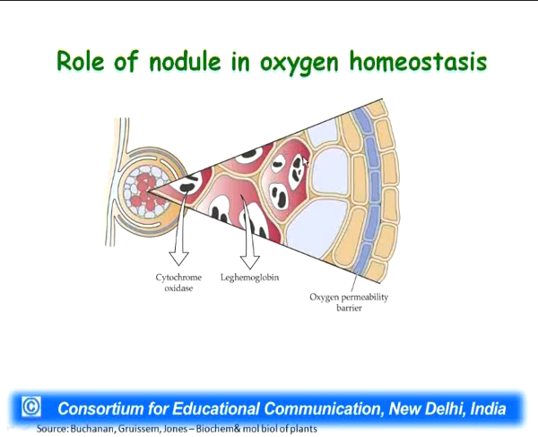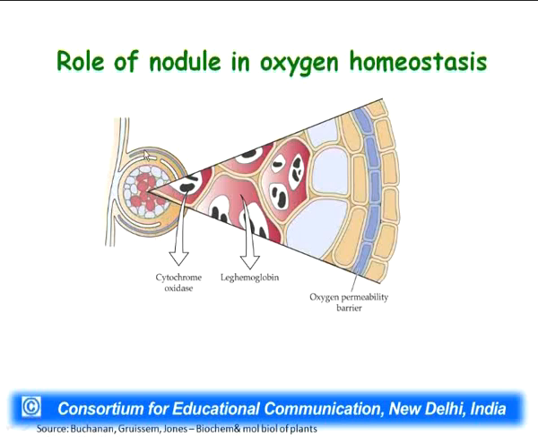When I speak about oxygen homeostasis, there are many components which help in it. These are marked here, like here it is written as oxygen permeability barrier. This barrier, as shown over here, covers the whole nodule.